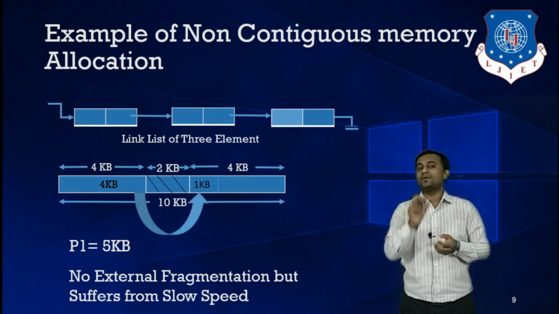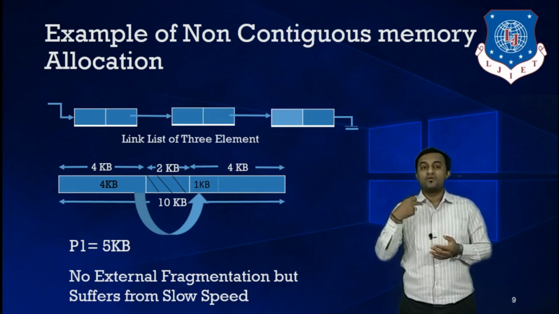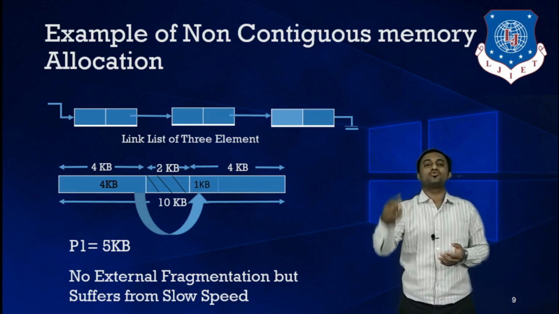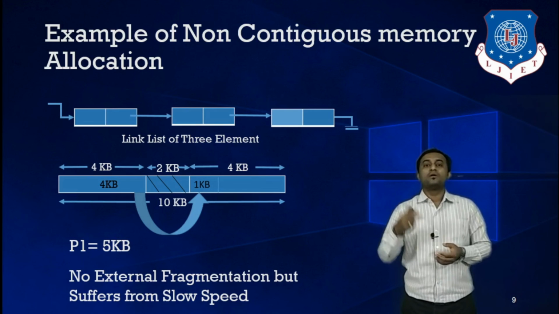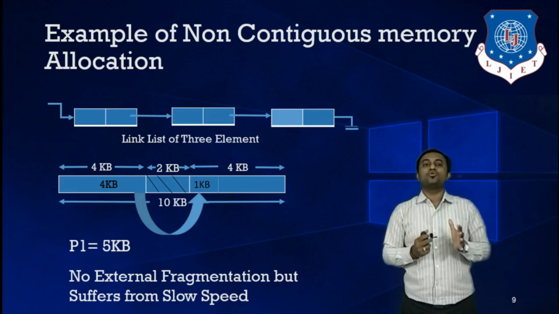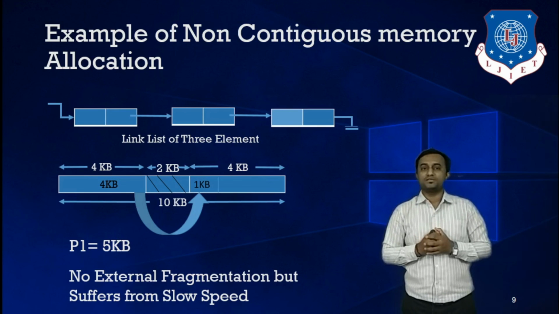We can reach a particular node only by traveling from the first node to the second node to the third node to the fourth node onwards. We can reach a particular node for searching that way. Clear? So these are the scenarios of contiguous and non-contiguous memory allocation policy.